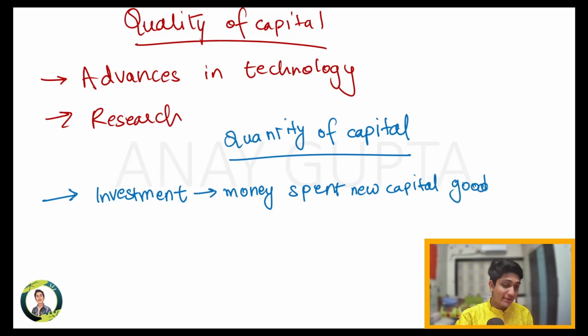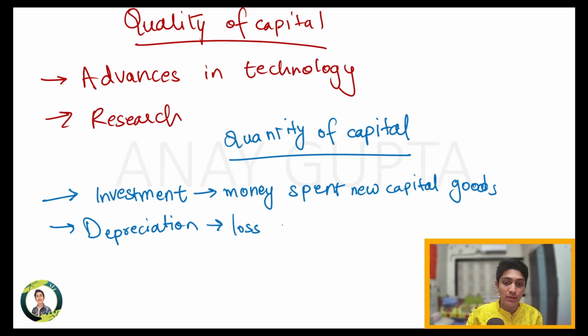Now, over time, we need to understand that there is something called depreciation. Now, what is depreciation? Depreciation is basically the loss due to wear and tear of capital goods.